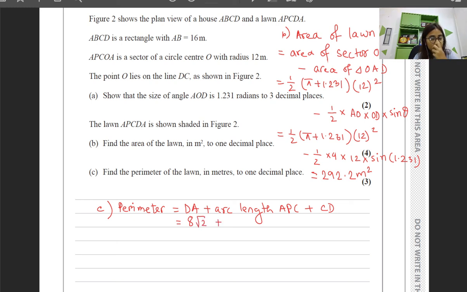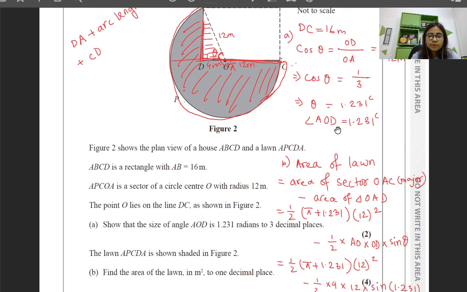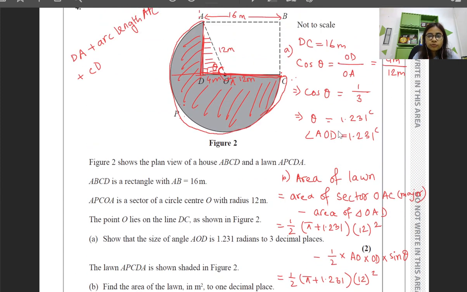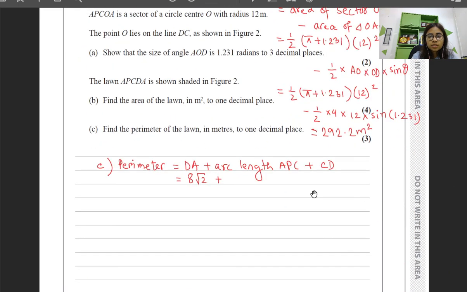And arc length is theta r. If you look at the diagram, the angle for the arc APC is basically theta plus pi, and the radius is 12. So the angle is pi plus 1.231 and the radius is 12.